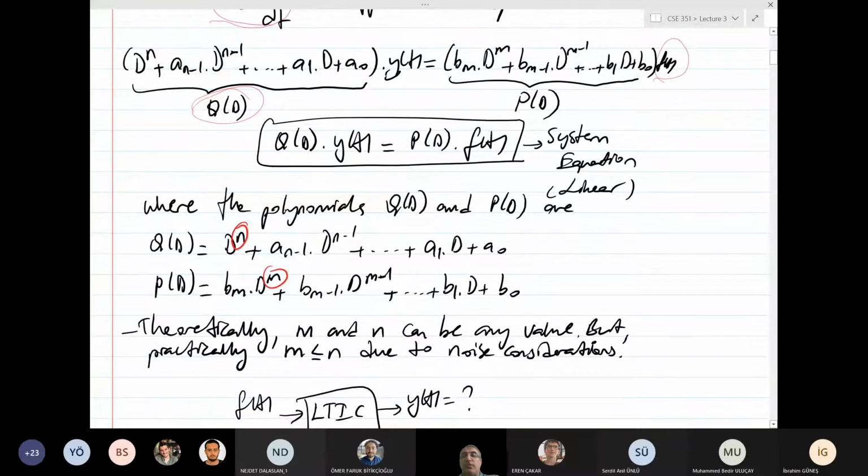So in this case, Q of D and P of D are polynomials, as you see, and Q of D has a degree of n, and P of D has a degree of m. So theoretically, these m and n can be any value, but practically m is less than or equal to n. Why? Because of the noise considerations in the systems.